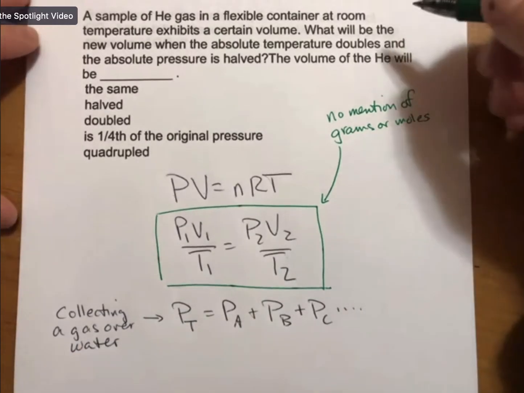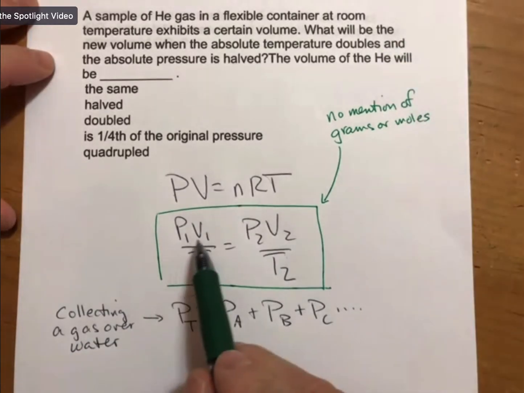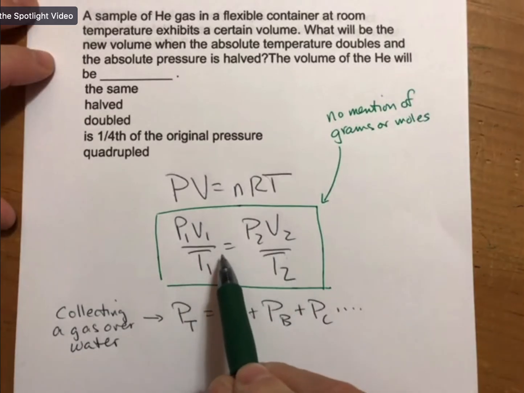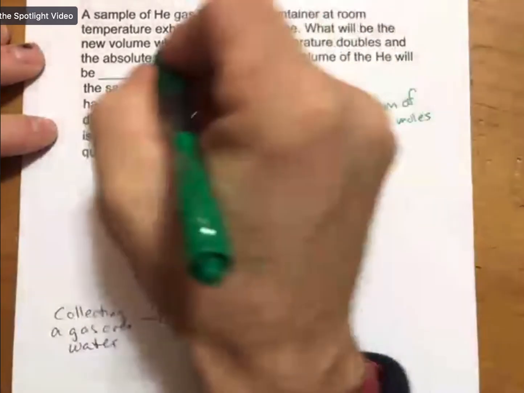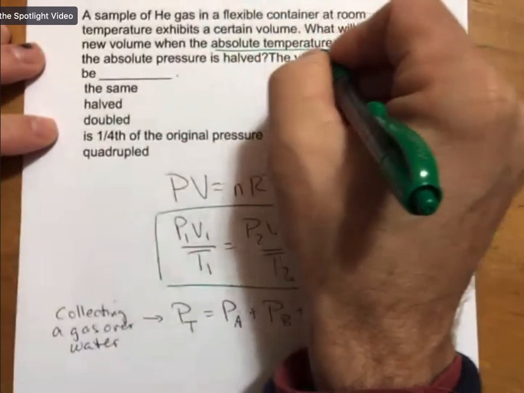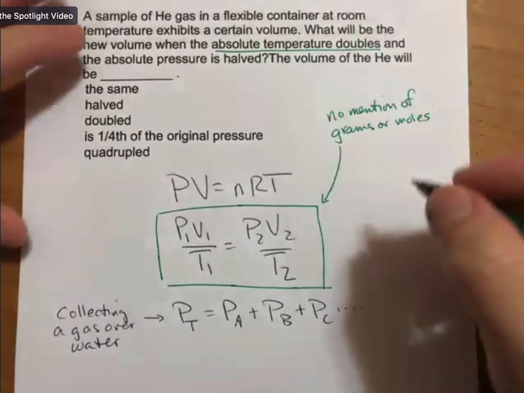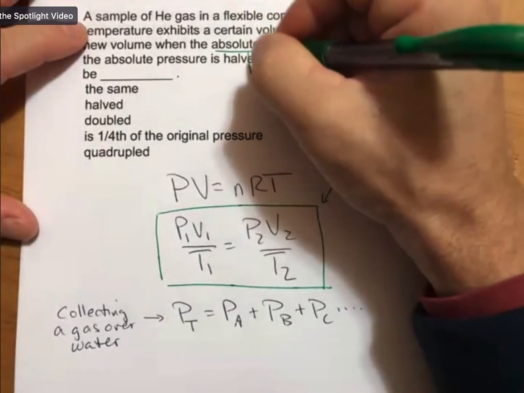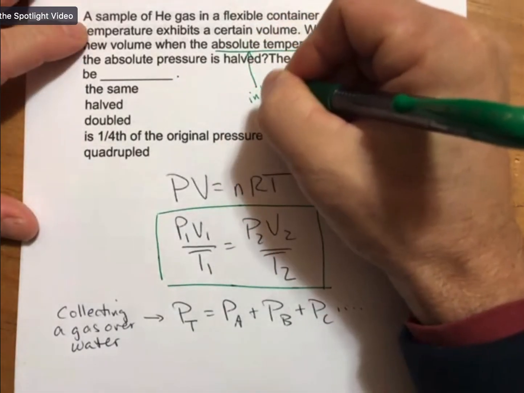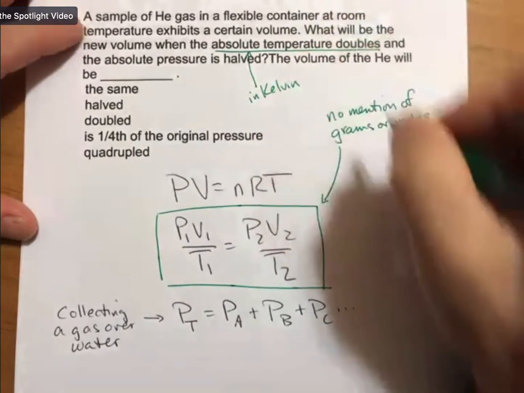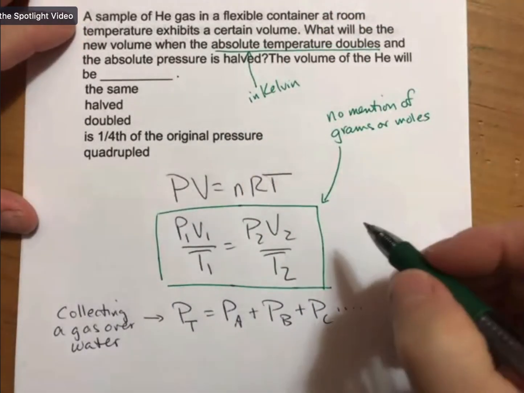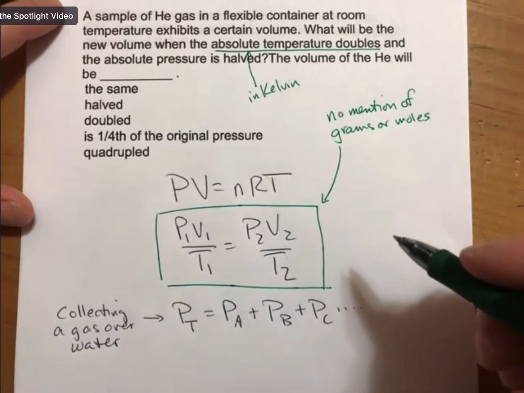Okay, so with the combined gas law, it says the absolute temperature doubles, and the term absolute just means that we're talking about being in Kelvin. And so the absolute temperature doubles.